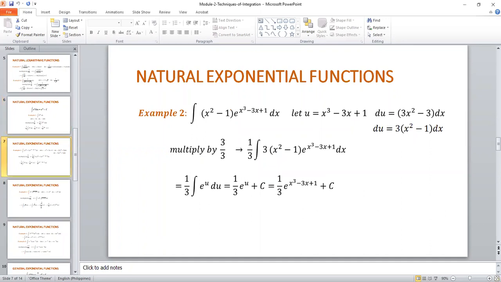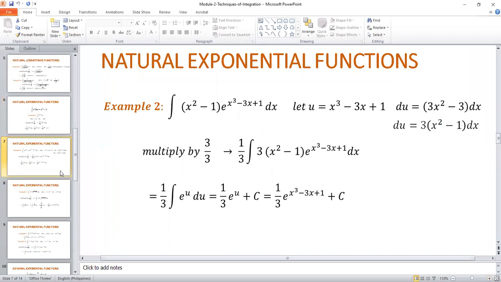Now, I will make this bigger. Now, you can see you have an exponential function here, and it's multiplied to x squared minus 1. Whenever you have this particular combination, always choose as the main function the exponential function, because you can try to make the remaining expression, which is purely algebraic in the variable x, as its derivative for the u.